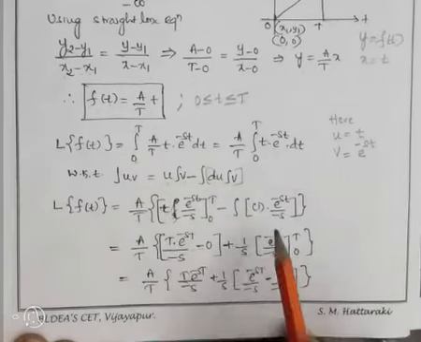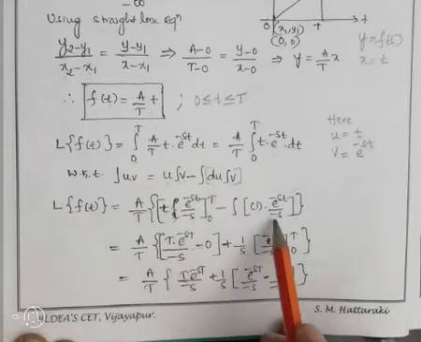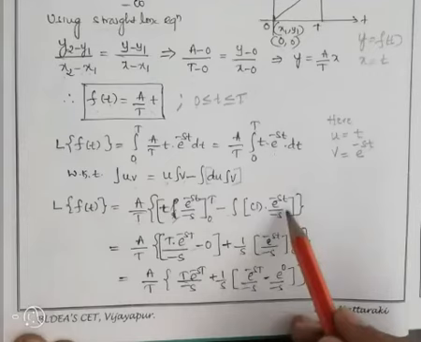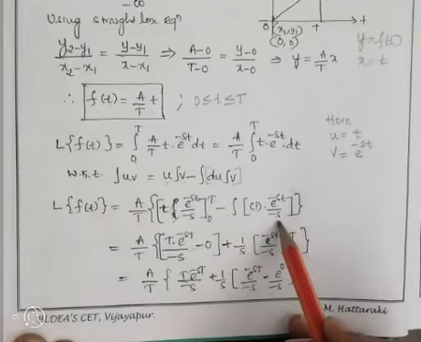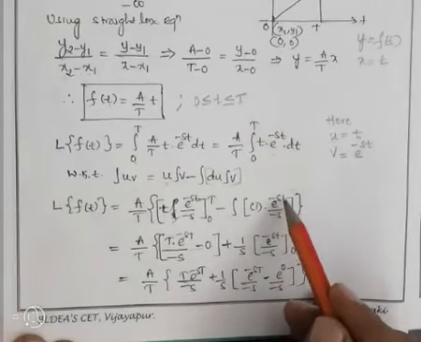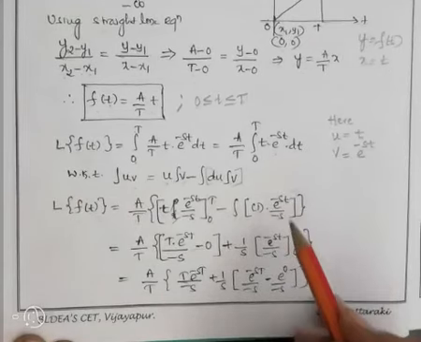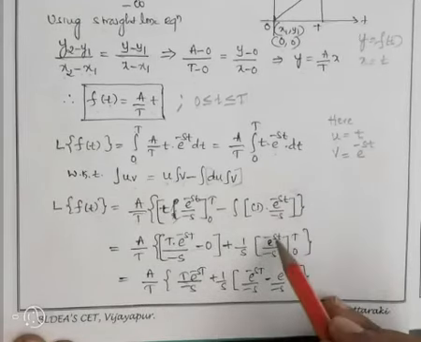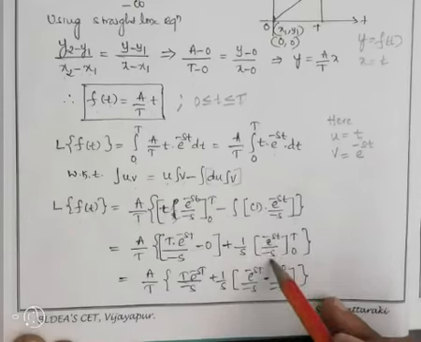Next, minus, so this is integration of what, e to the power minus st by s is there. S is constant, I will take it outside. Minus into minus, it becomes plus. 1 by s I have taken outside. Then integration of e to the power minus st, which is e to the power minus st divided by minus s. Limits are T to 0.